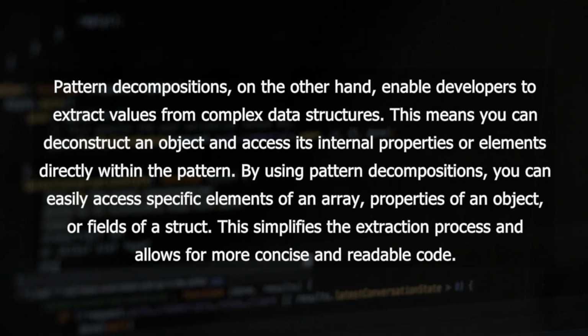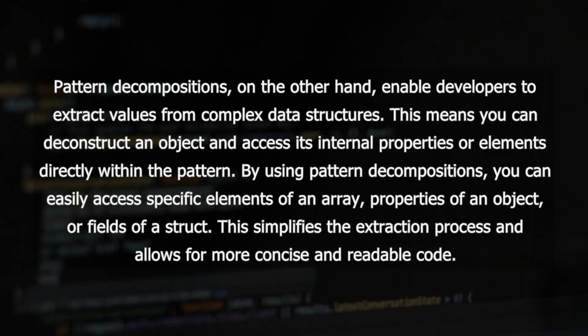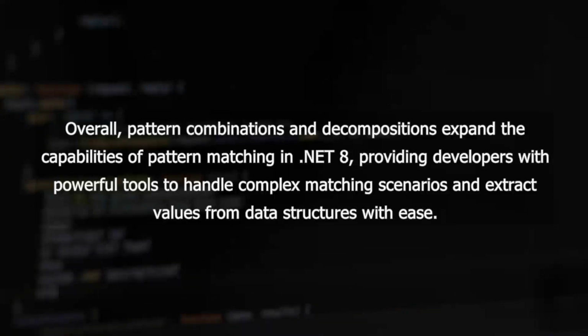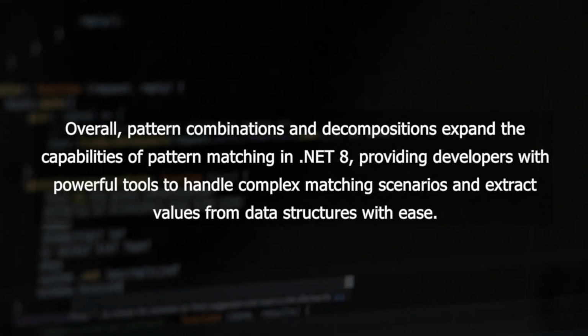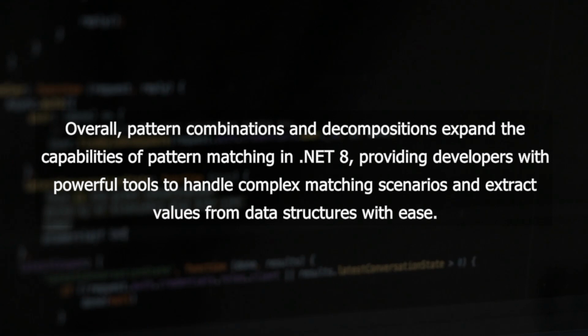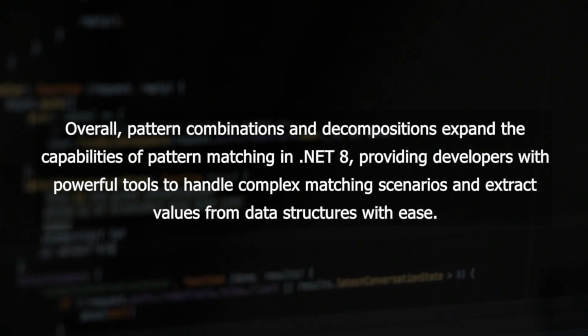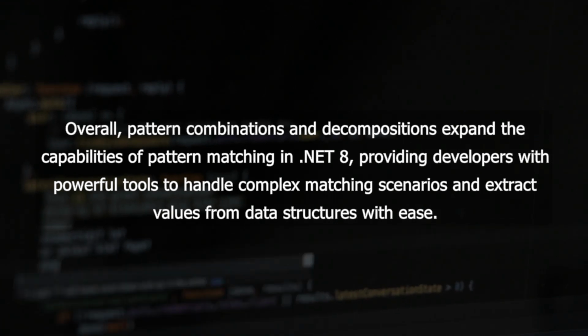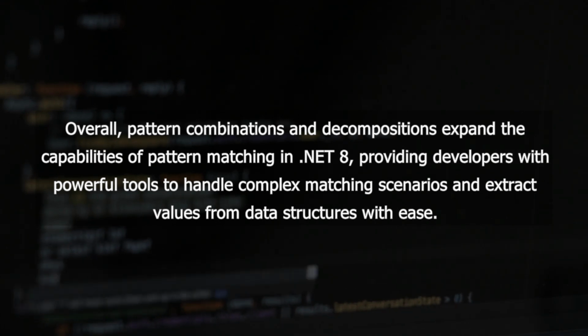This simplifies the extraction process and allows for more concise and readable code. Overall, pattern combinations and decompositions expand the capabilities of pattern matching in .NET 8, providing developers with powerful tools to handle complex matching scenarios and extract values from data structures with ease.